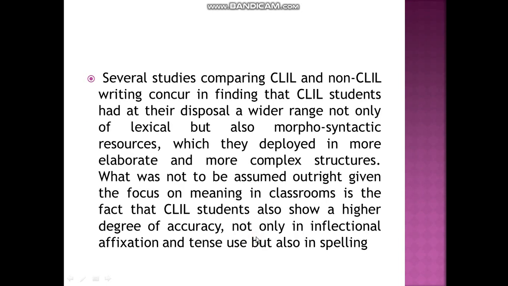Several studies comparing CLIL and non-CLIL writing concur in finding that CLIL students had at their disposal a wider range not only of lexical but also morphosyntactic resources, which they displayed in more elaborate and more complex structures.